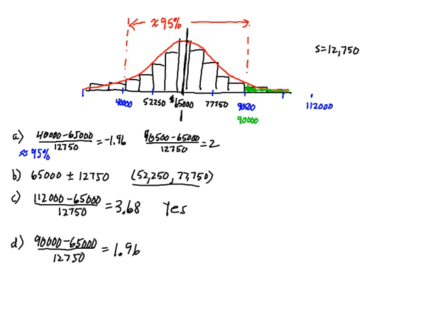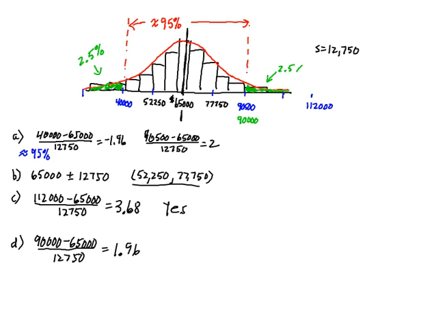So that would mean by symmetry that half of those 5% would fall on the lower end and half on the upper end. So it must be that the lower part and the upper part would be 2.5%.